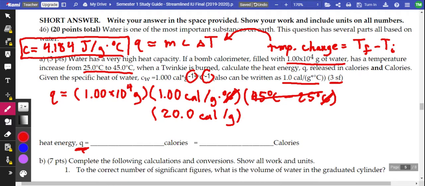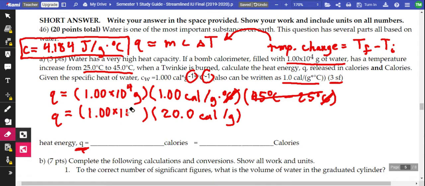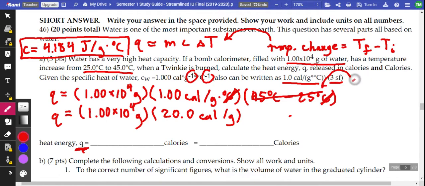Which is then going to be multiplied by 1.00 times 10 to the fourth grams. So our grams units are going to cancel out, and we're going to be left with just the units of calories.